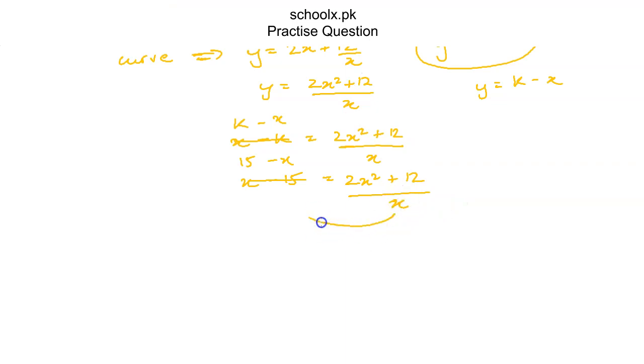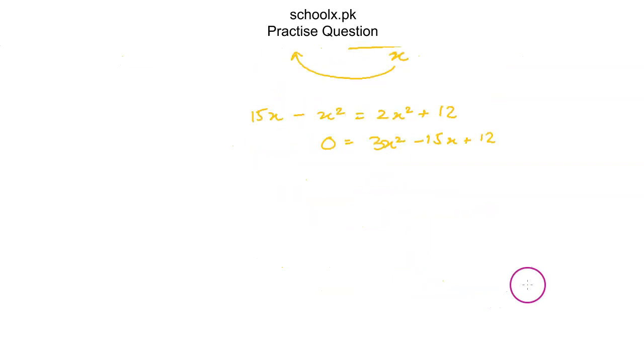If I bring this x here and multiply it, 15x minus x squared equals 2x squared plus 12. Carrying this further, 3x squared minus 15x plus 12. If we solve this using the quadratic formula or any method used to solve a quadratic equation, we get one value of x is 4, the other value of x is 1.